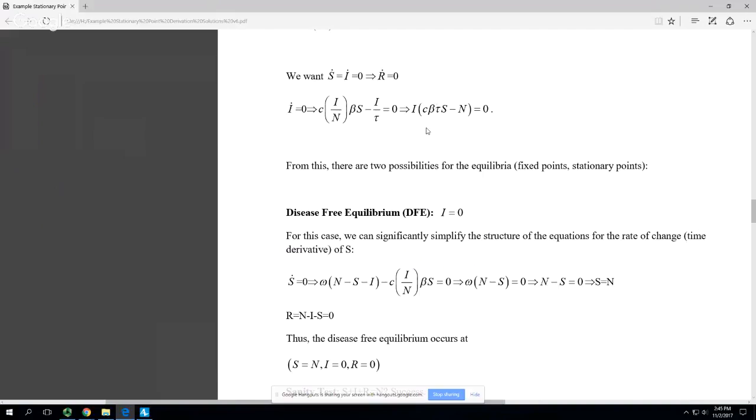It's the number of people infected by an infective over the course of their illness before they recover, if they're surrounded by what? Totally susceptible other people. That's right. So C times beta times tau is R0. How do we know that? Well, look, each of those infectives comes into contact with C people per unit time.